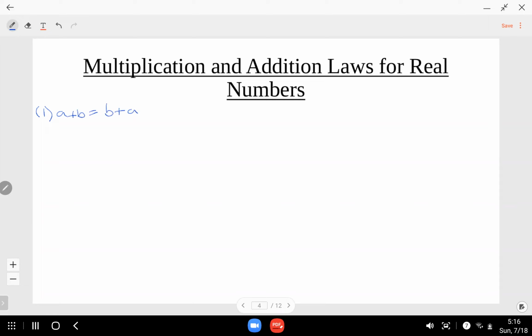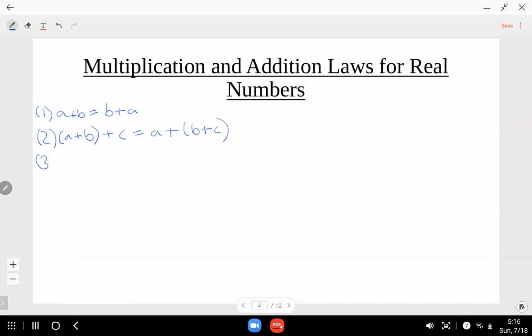I'm sure this is called some kind of property, but I can't remember which one. The second one, no, this is the commutative property, right? Yeah, that's the commutative property. Correct me if I'm wrong. And then we also have the associative property: a plus b plus c equals a plus b plus c, and we just switch the sets of parentheses.